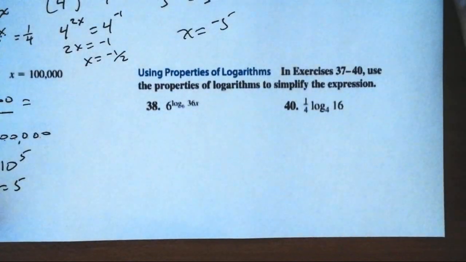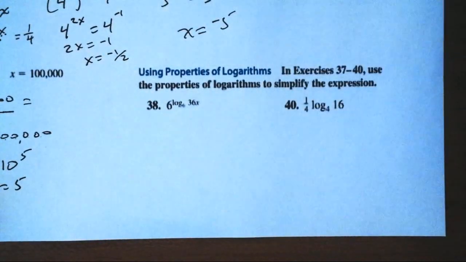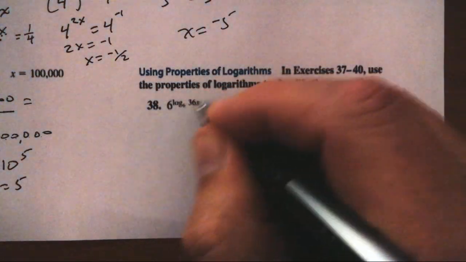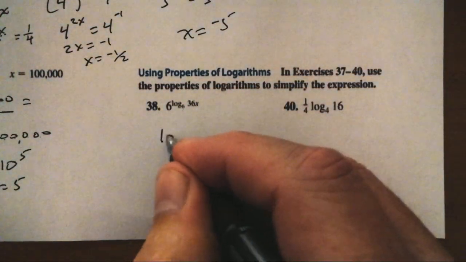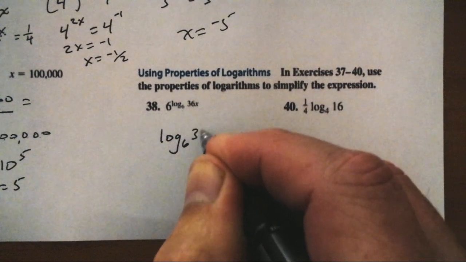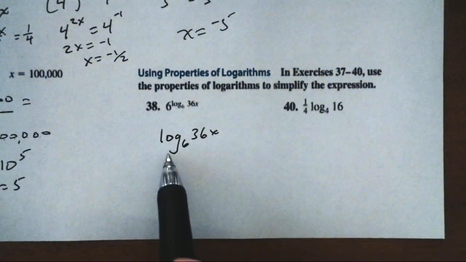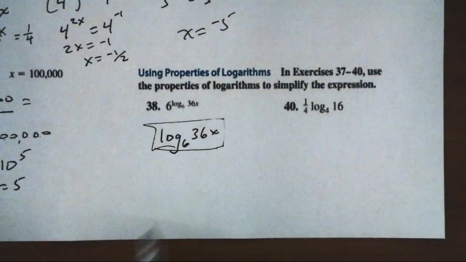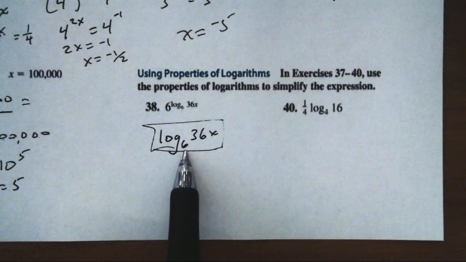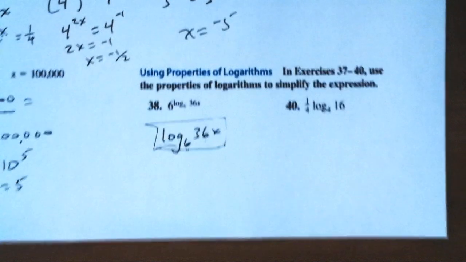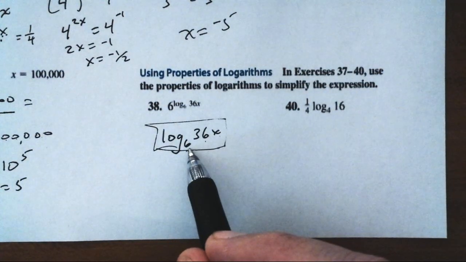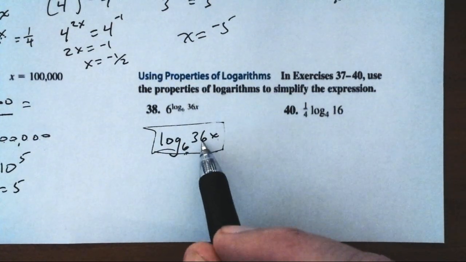Okay, here's some problems that mess with people from time to time. Let's take a look at our exponent here and let's talk about it. This exponent, just the exponent, we would say this thing is the exponent that would turn 6 into 36x.